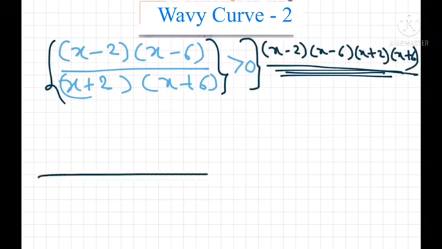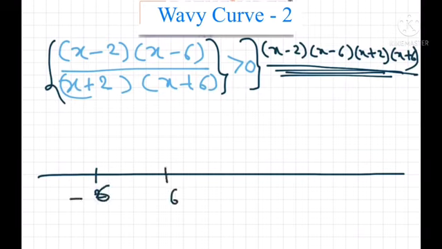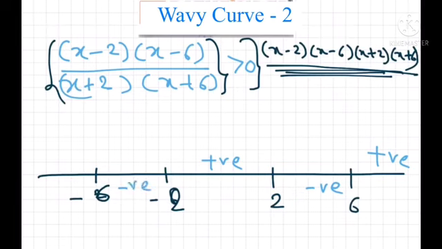First step, plot the x-axis. Now see: -6, -2, 2, 6. And the sign scheme we all know: positive here, negative here, positive, negative, positive.